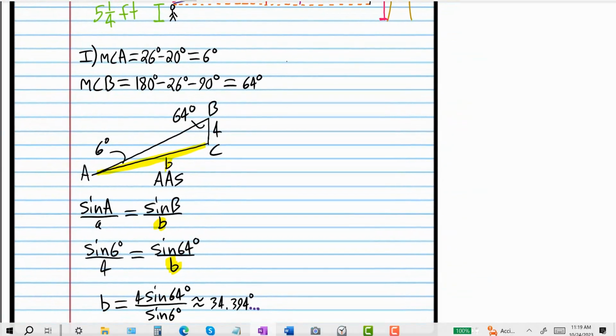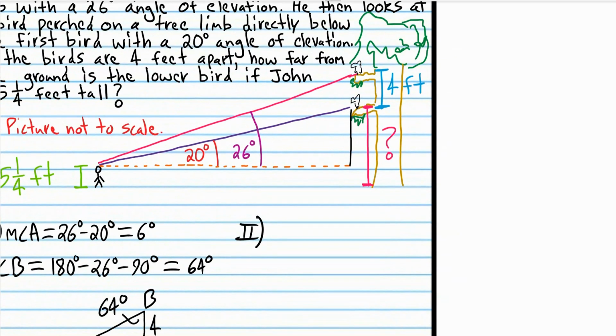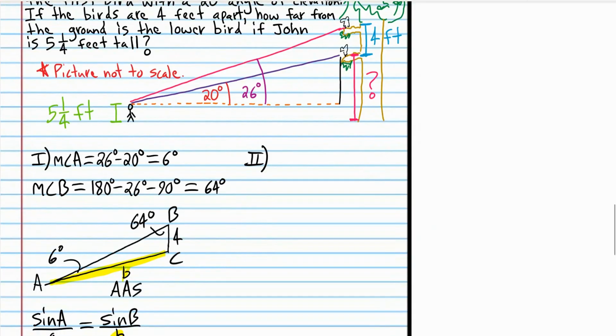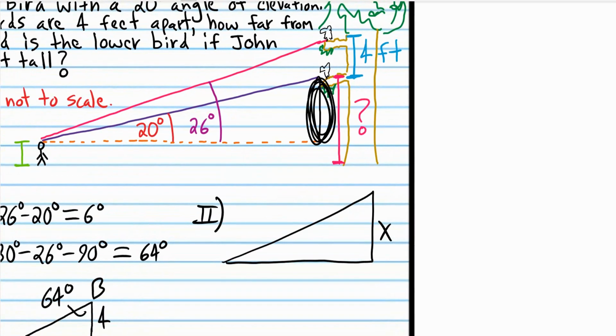So now on to step 2. We're now going to look at this smaller triangle here. So let's draw that smaller triangle. We'll call this side X, so that represents this length here.